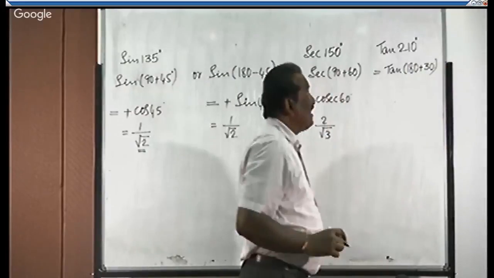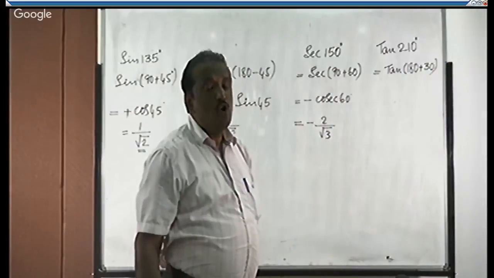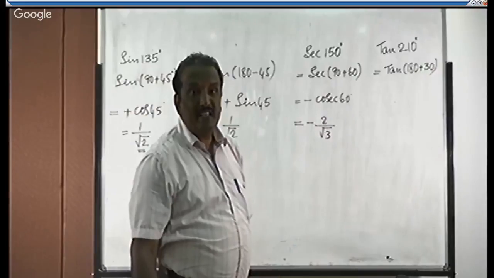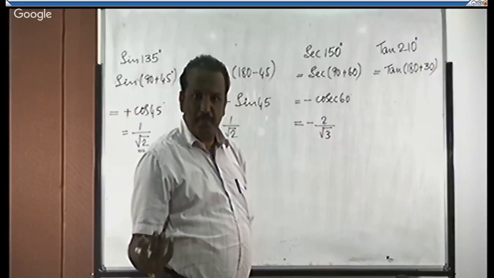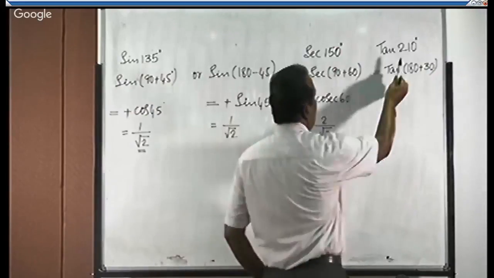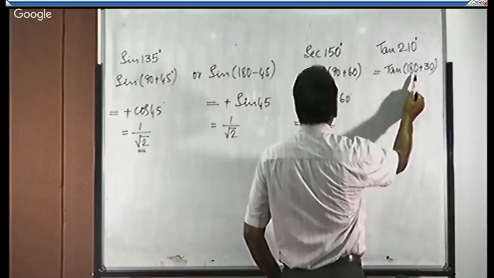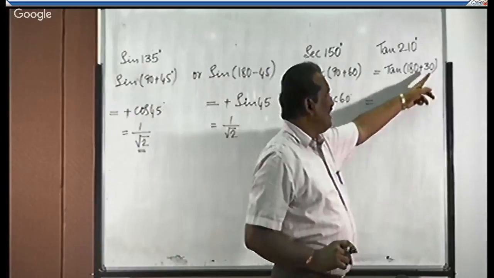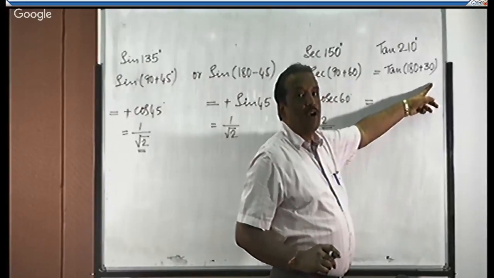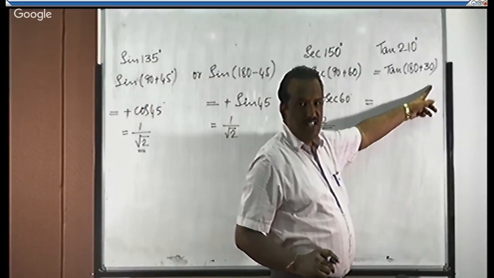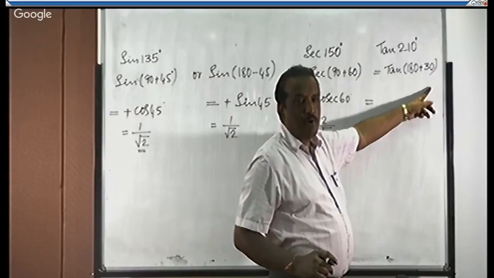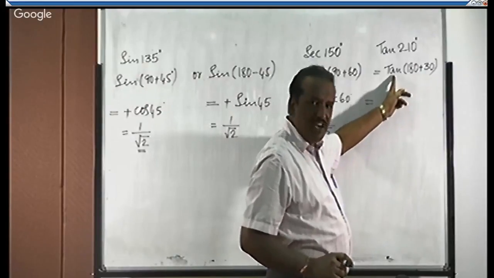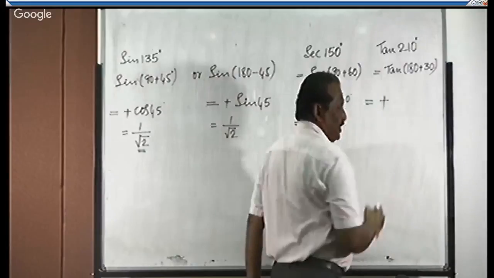Or you can even write 210 degree as 270 minus 60. Both are same, right? I just write 210 as 180 plus 30. Now, 180 plus theta comes under the third quadrant. According to the ASTC rule, tan and cot are positive. Here we have the trigonometric function tan, therefore it is positive, right?